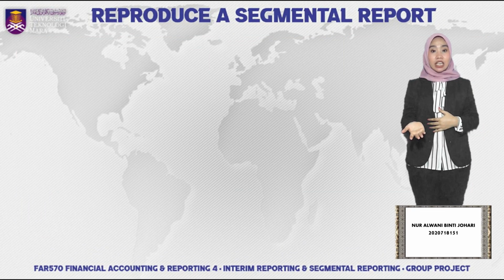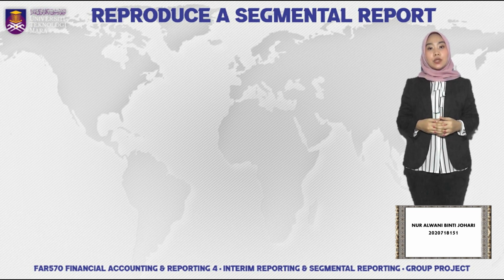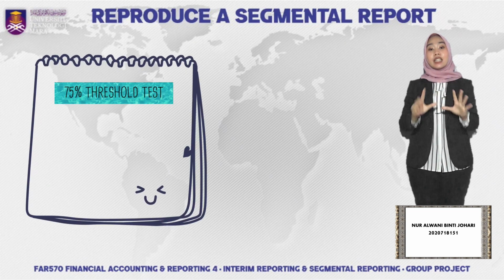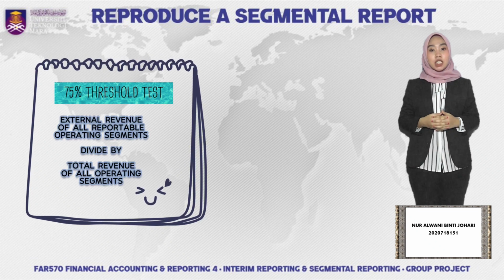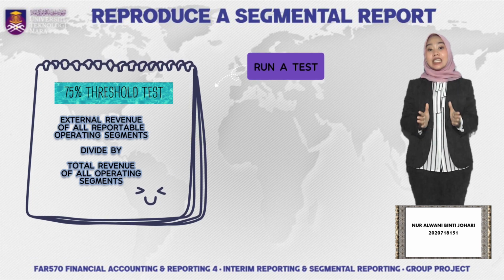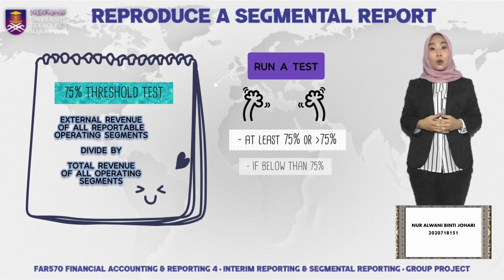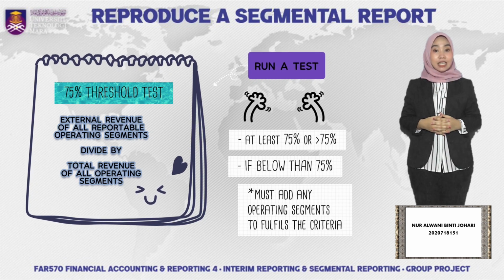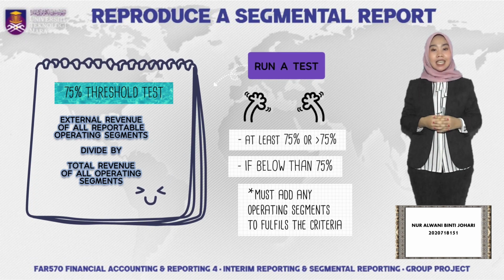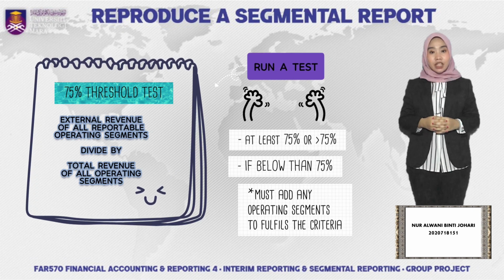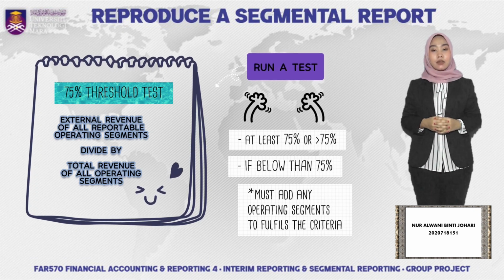According to MFRS 8 requirements, the combined revenue earned by sales to external customers in separately reportable operating segments must be at least 75% of total consolidated revenue across all operating segments. If this 75% threshold is not met, you must disclose financial information on additional operating segments, even though they do not satisfy all of the criteria explained above, until the 75% bar is met or exceeded.